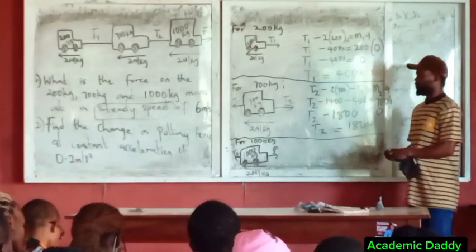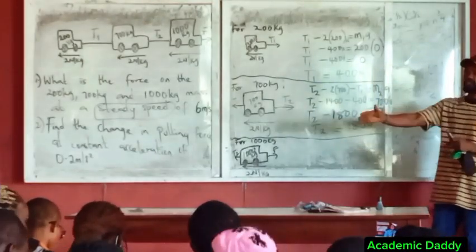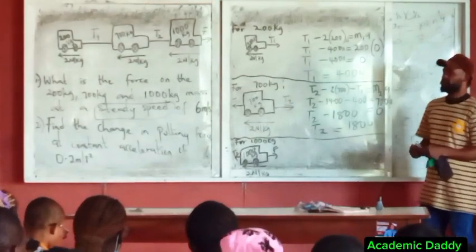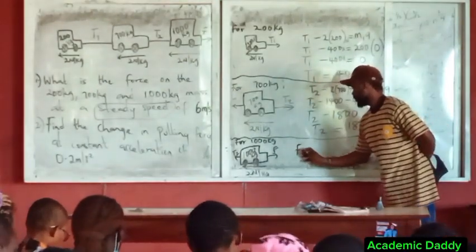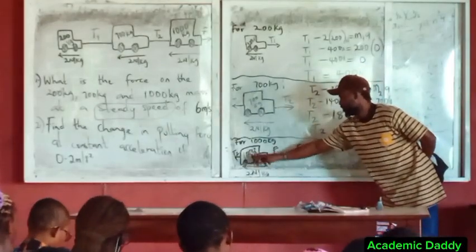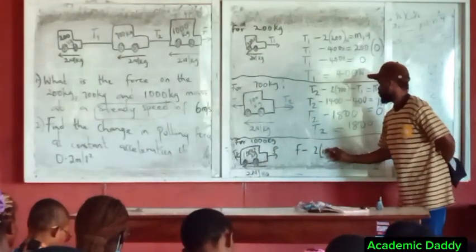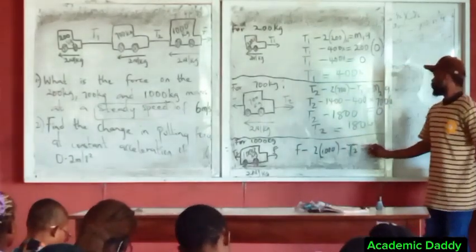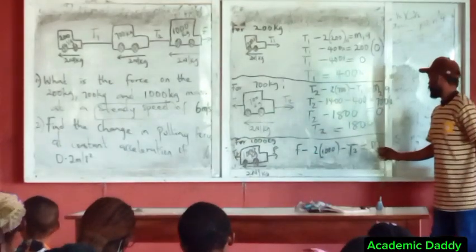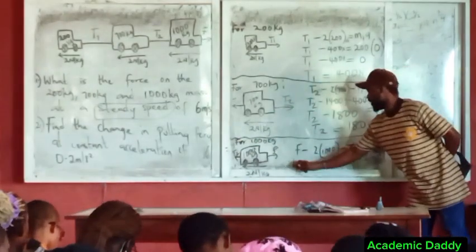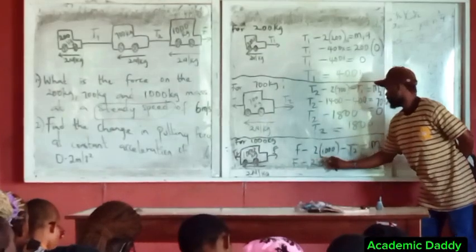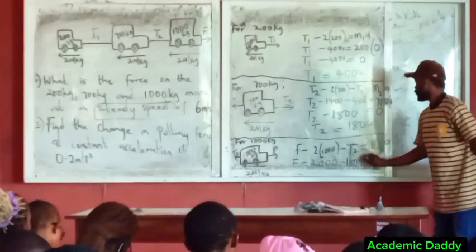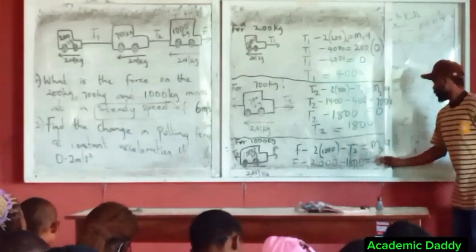Now, when I put it together, I'll remember the second law of Newton: action minus reaction, forward minus backward force, equals the mass times the acceleration. So this is now going to be F minus 2 into 1000 minus T2, and everything is equal to the mass of this body, M3, times its acceleration. And this will be F minus 2000 minus 1800, and A is 0, so equals 0.